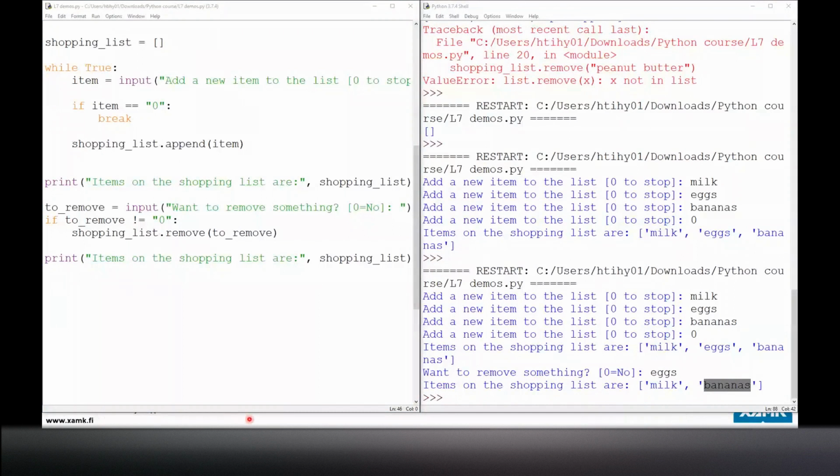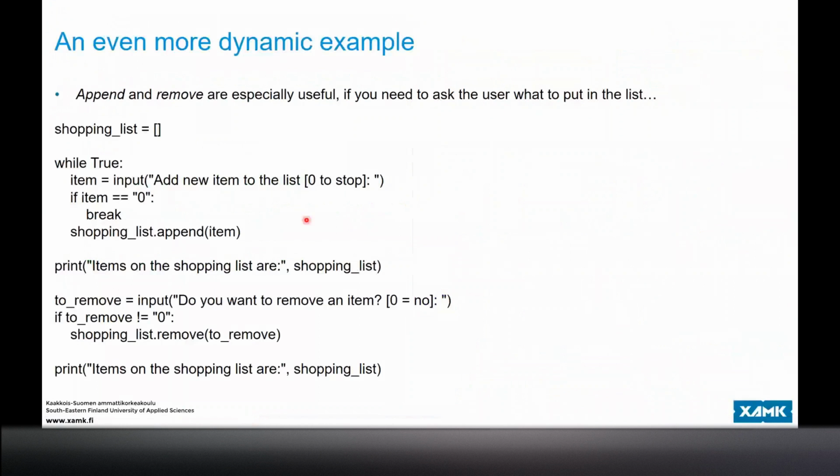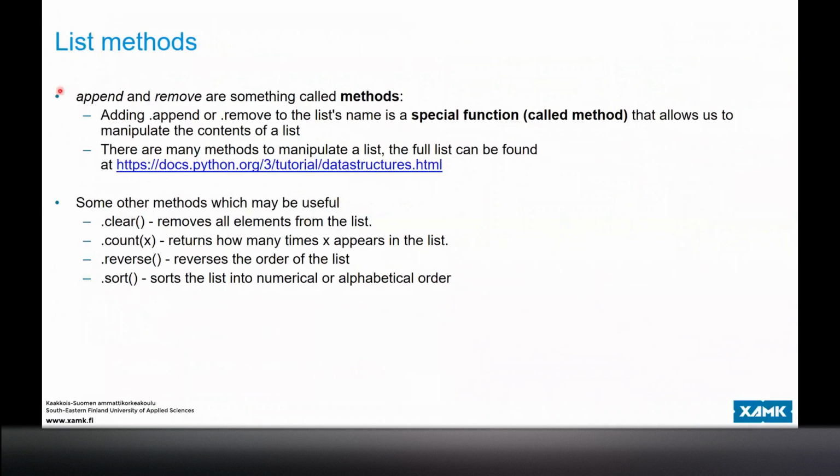Something about append and remove, what they actually are. So that's how they work, but what are they really? They are these special functions that are actually called methods in programming lingo. So adding this dot append or dot remove to the list's name is a way of invoking a special function that's tied to this particular list.